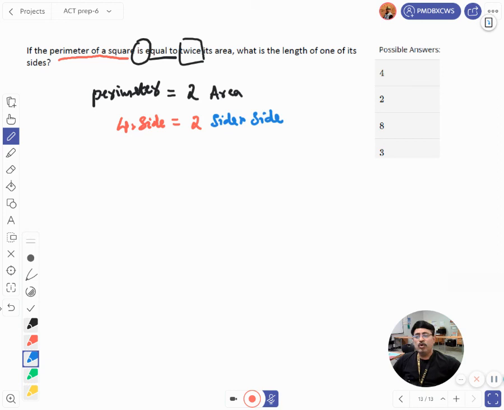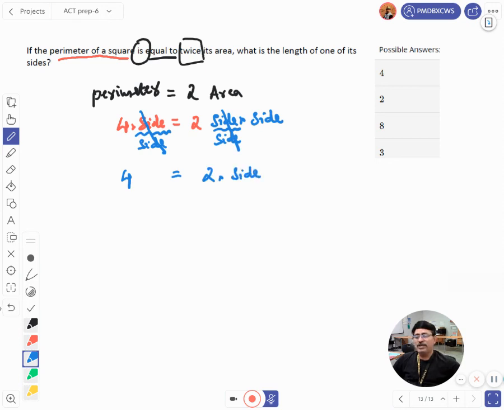Okay. Do you see anything same on both these sides? Yes, side. You may strike them. That is one option, or else you can say division by side. When you do that, you are left with 4 equals twice side.